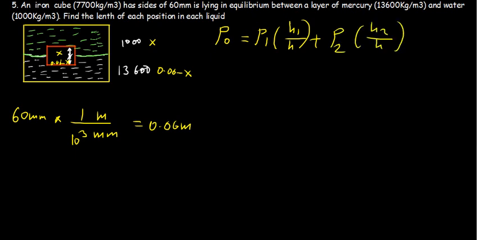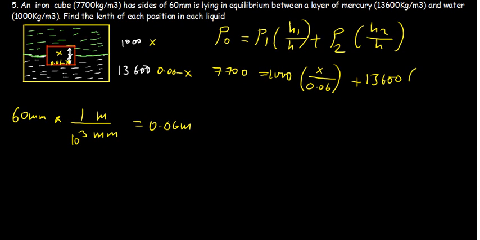Now the density of the object, an iron cube with a density of 7,700, is going to be equal to the following. Let's start with the density of what's on top, that is water, 1000. The height in water is x, the total height is 0.06, then plus the density of the mercury, that is 13,600.